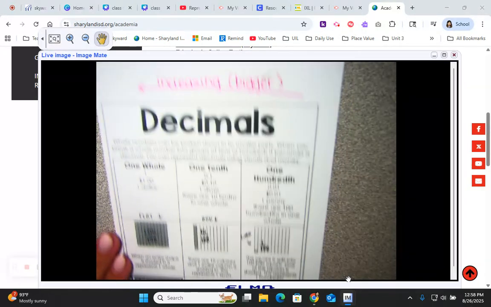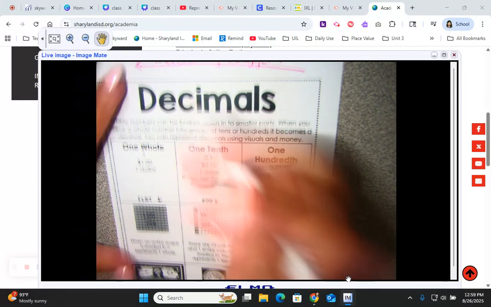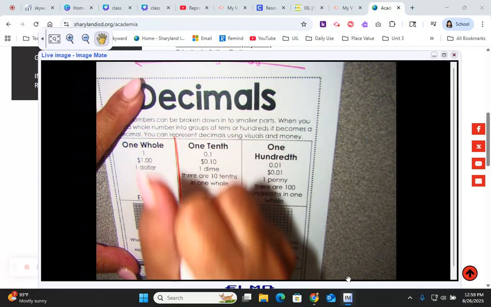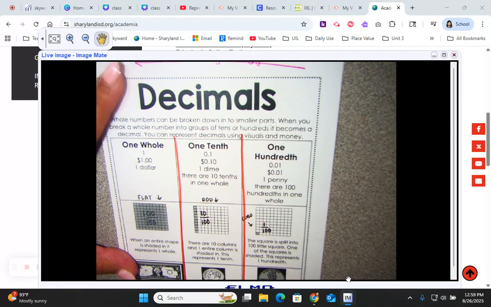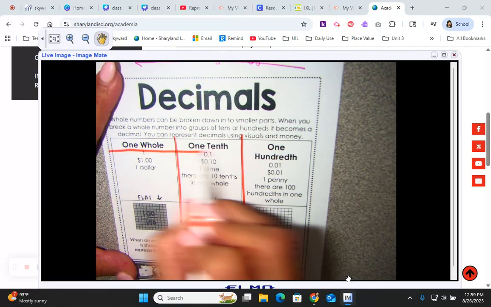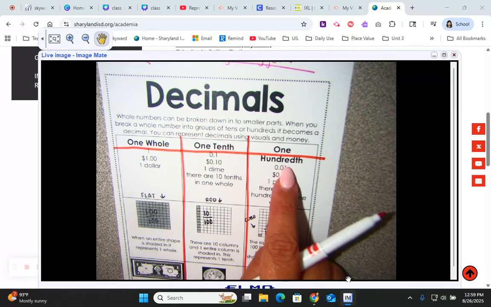So if I were to make this into my place value chart, this just became my place value chart. It starts with the tiniest little value, which is my 1 penny.